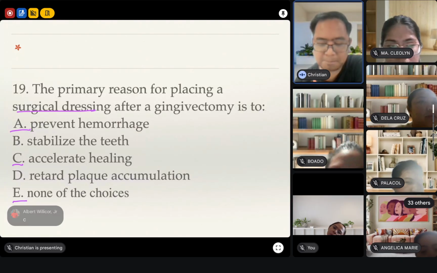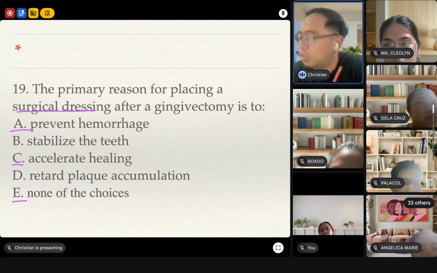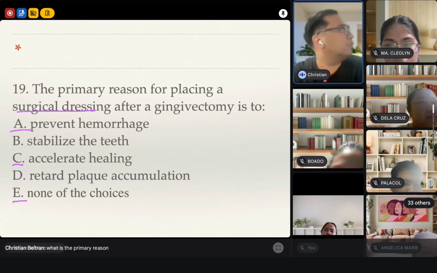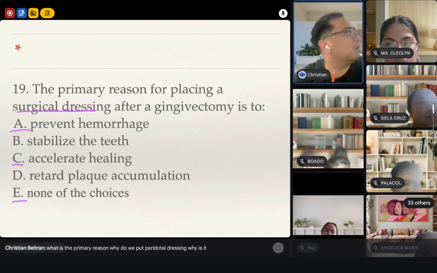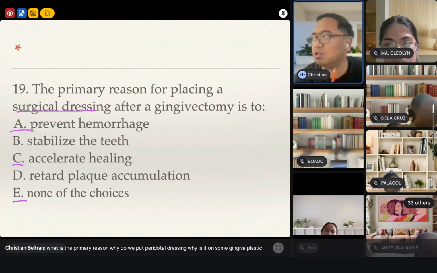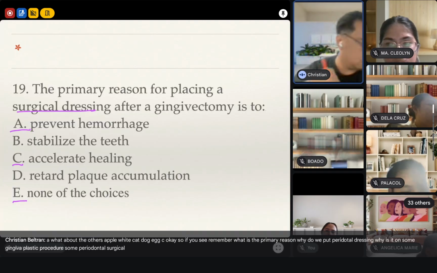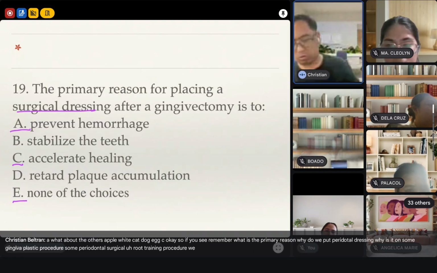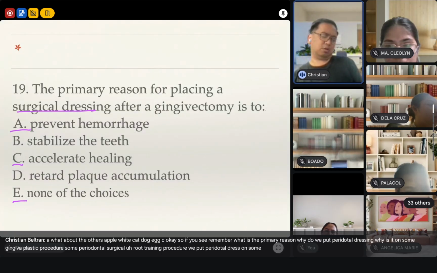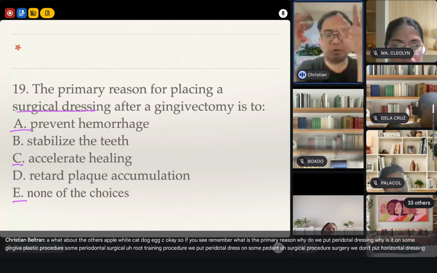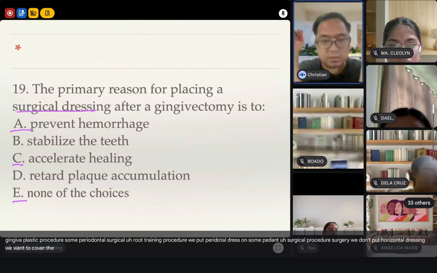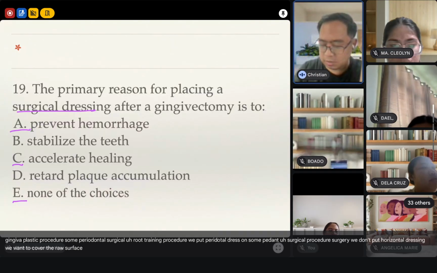So, if you still remember, what is the primary reason? Why do we put periodontal dressing? On some procedures, like gingivoplasty, we put periodontal dressing. On some surgical procedures, like surgical root planing, we don't put periodontal dressing. We want to cover the raw surface, diba? Just like in gingivectomy.